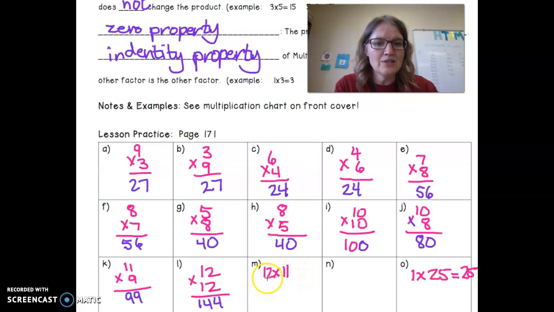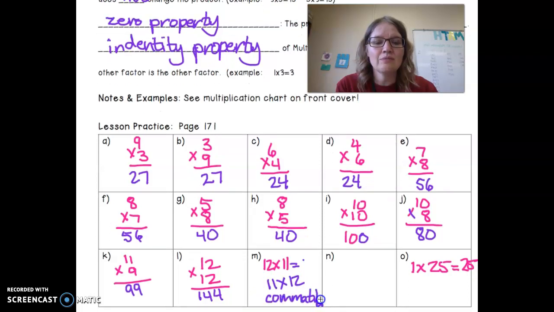Now, in letter M, they want you to use the commutative property in 12 times 11. What that means is 12 times 11 is the same as 11 times 12. This is the commutative property.